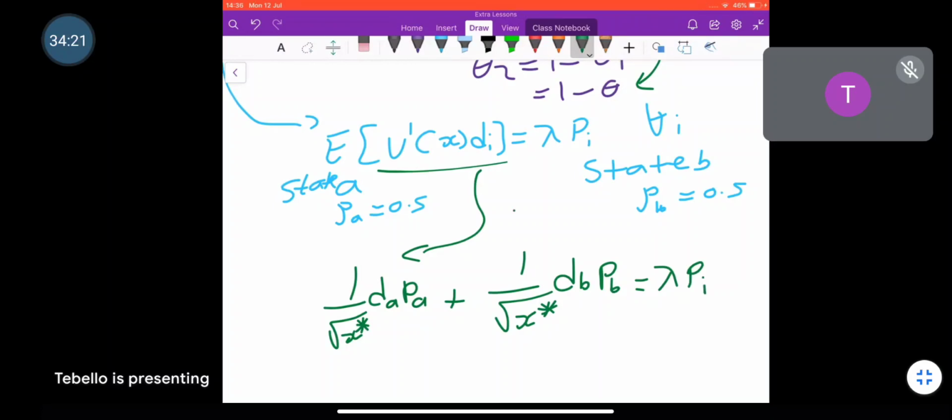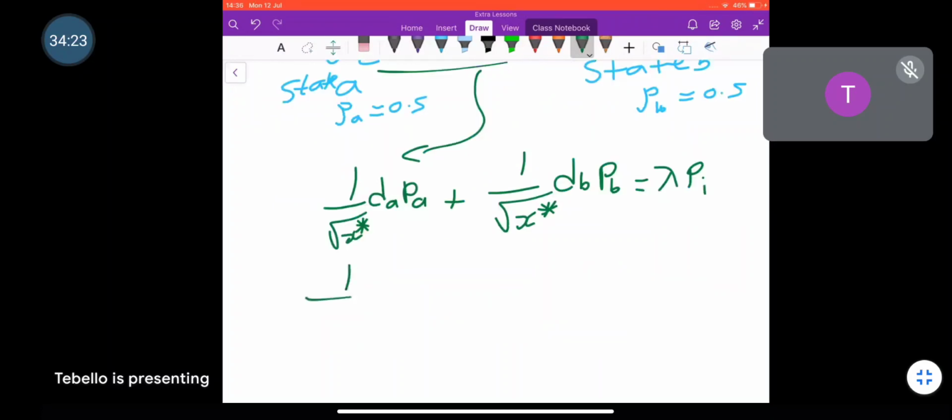So how do you find this? I'm going to find the answer for security 1.